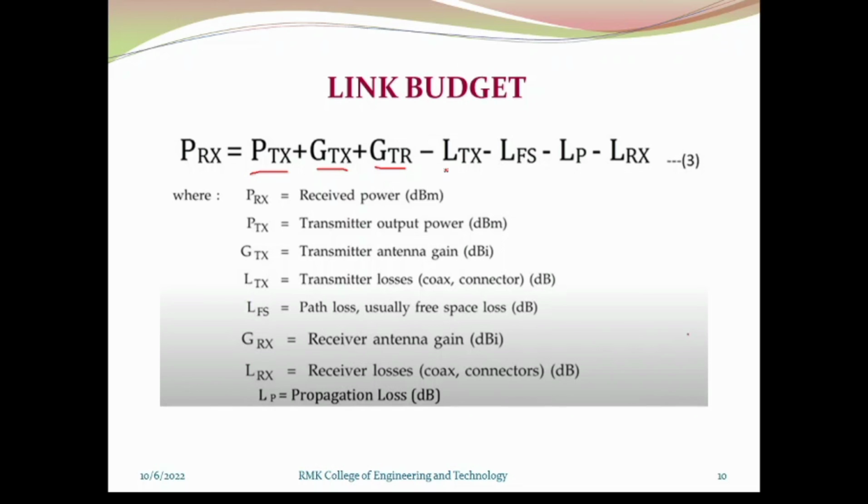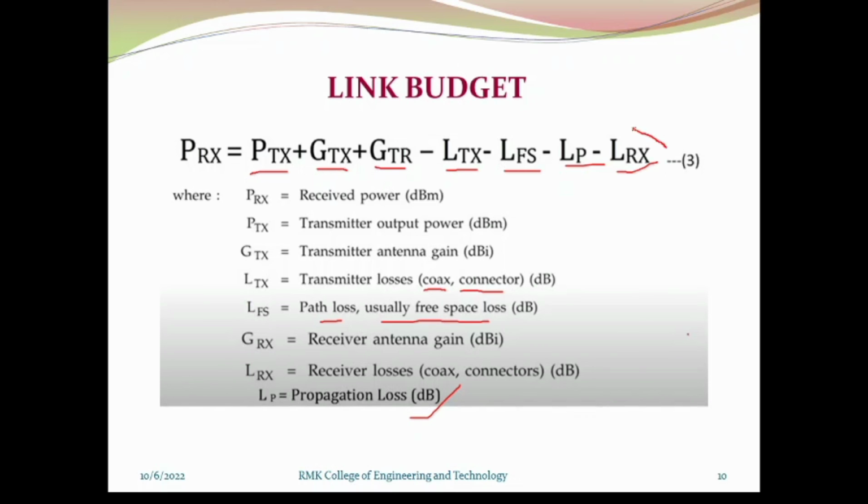LTX is the transmitter losses, due to the coaxial cable or the type of connectors, and LFS is nothing but the path loss, usually free space loss, in between the transmitter antenna and receiving antenna, where LP is the propagation loss and LRX is the receiver loss, that is the cable connections between the receiving antenna and the destination part.